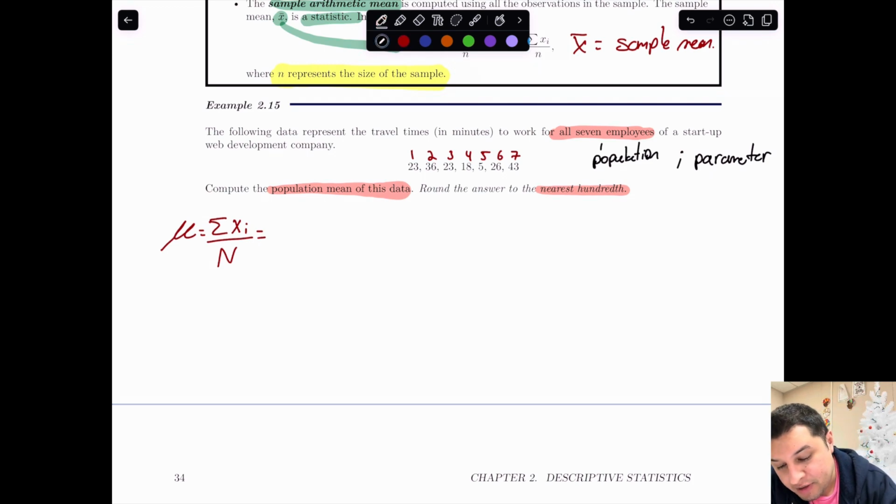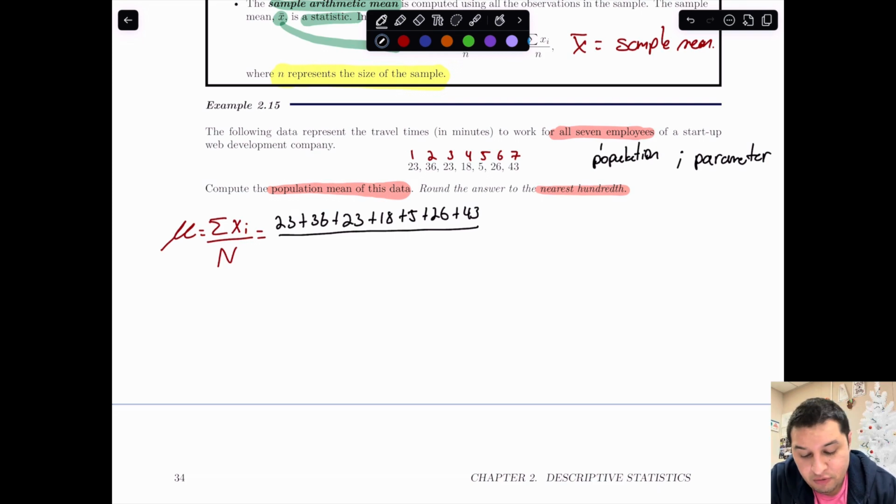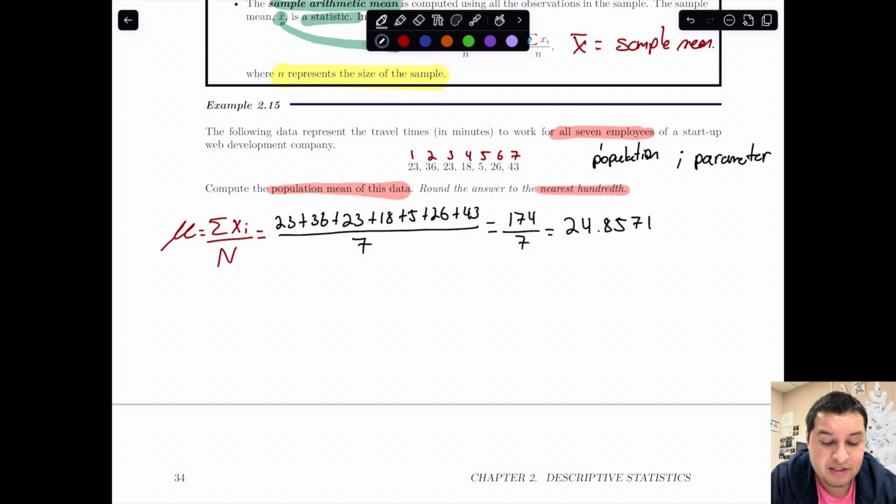So I add 23 plus 36 plus 23 plus 18 plus 5 plus 26 plus 43, and divide all of that by the total number, which is 7. I wouldn't put all this in the calculator right away, or you can if you use parentheses. I just like to do the top first. I got 174 divided by 7, and I now get 24.8571. There's a little bit more, but I stopped there.